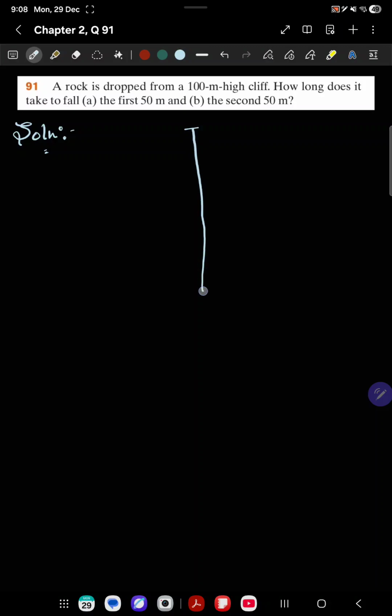Assume this is the 100-meter height, right? So this will be the first 50 meter, and this will be the next 50 meter. Now at this point, when the rock is dropped, its initial velocity will be 0 only, right?